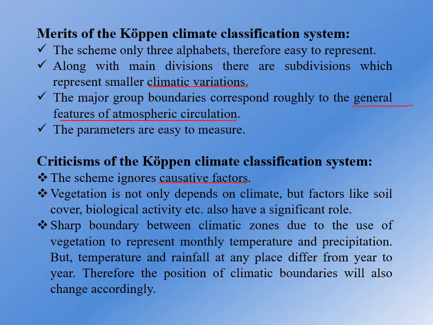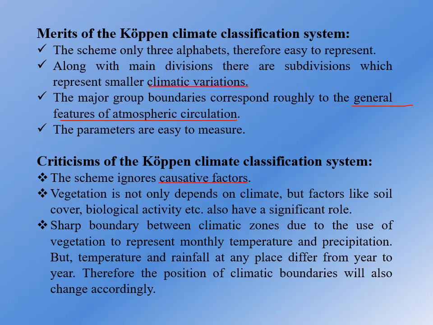In the Köppen climatic system, there are sharp boundaries between the climatic groups due to the use of the vegetation types, which mainly represent the monthly temperature and precipitation. But as we know, the temperature and rainfall of any place differ from year to year. It is not fixed throughout all the years.